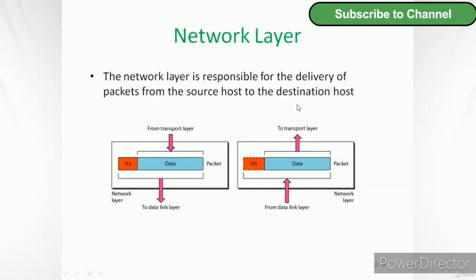At the network layer, data flows in the form of packets. The frames are converted into a fixed format, which is known as the packet, and these packets are transmitted from source to destination. So the network layer is responsible for this packet delivery.